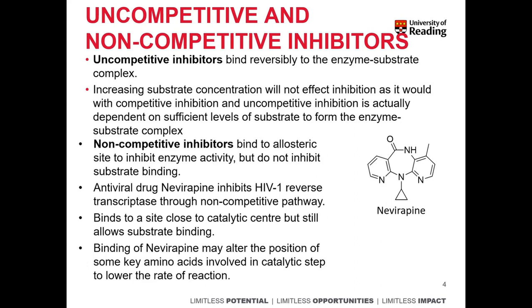So it's unable to convert the substrate into its products, but it doesn't stop the substrate from binding into the active site. It only stops the chemical reaction. Now, inhibitors that work in this way we call non-competitive inhibitors. Now, an example of this is the molecule nevirapine.